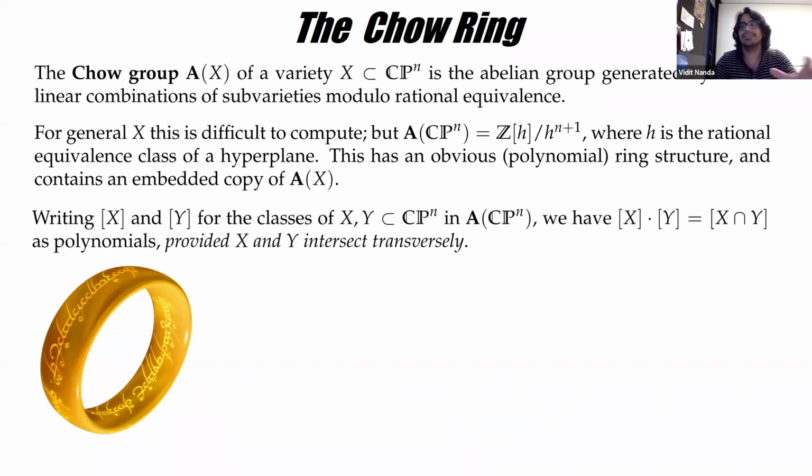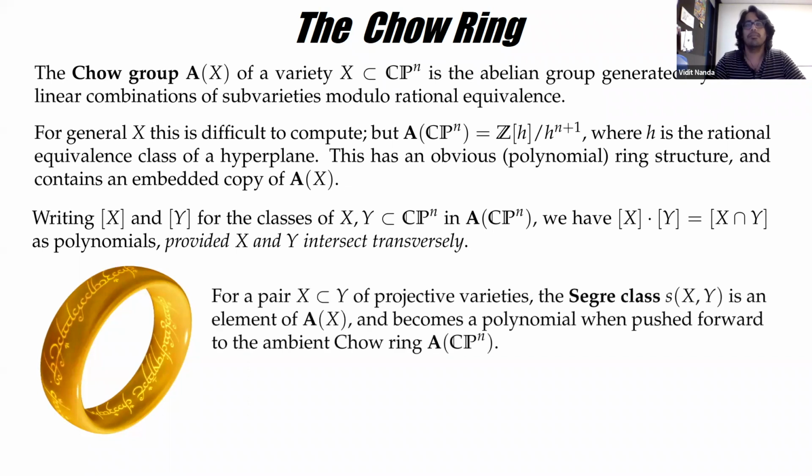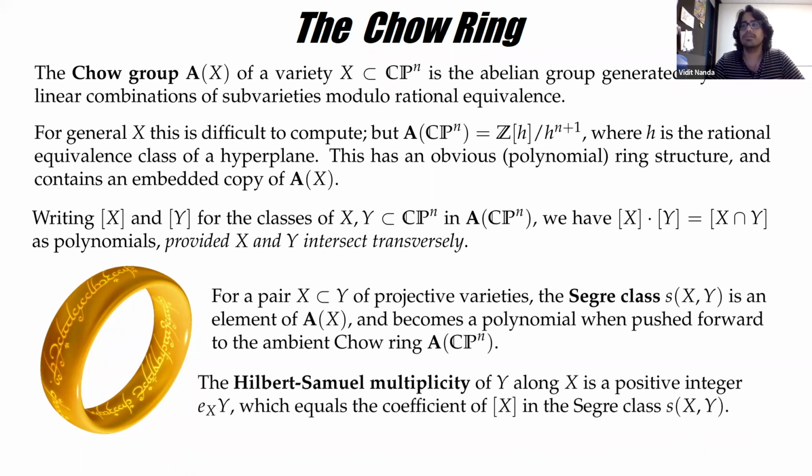And so the intersection is the product of the x and y polynomials. And this is all of intersection theory. And there's a special element here called the Segre class, which I'm not going to have time to define. But it becomes a polynomial. And what we're interested in is computing the coefficient of x in the Segre class of xy. This is called the Hilbert-Samuel multiplicity of y along x.